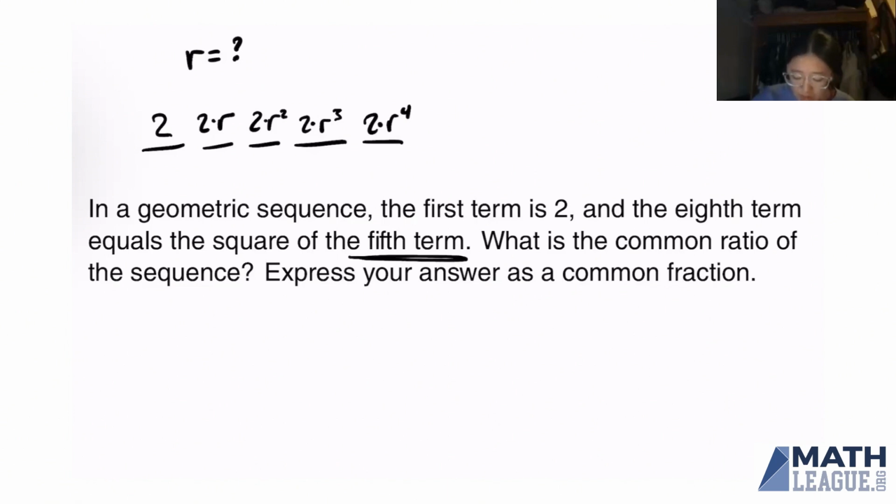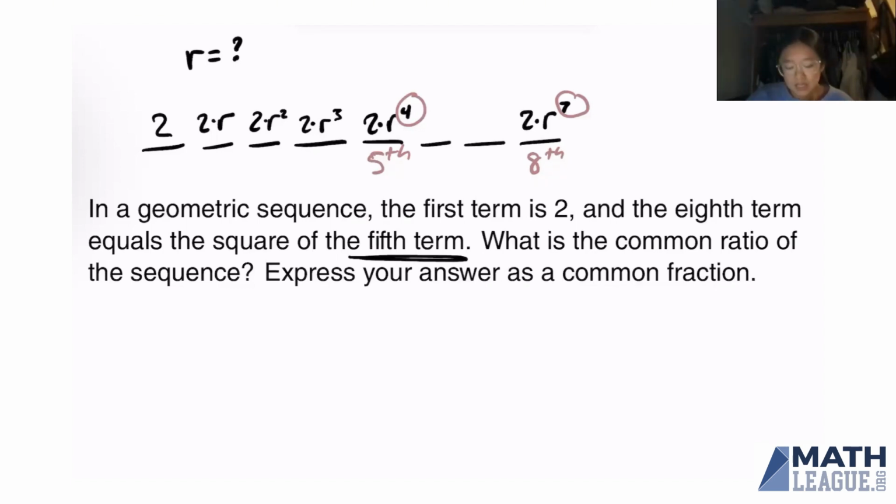Then we have 6, 7, 8. The eighth term is 2 times r to the 7th. If you see, for the eighth term the exponent is 7, and for the fifth term the exponent is 4. That's just how I got there a little quicker, because the exponent above the r is 1 less than the term we're talking about.